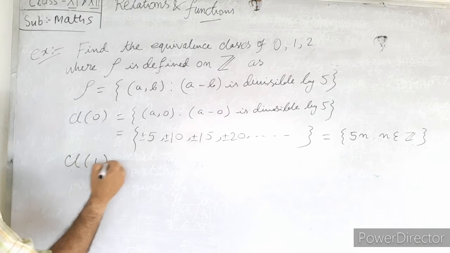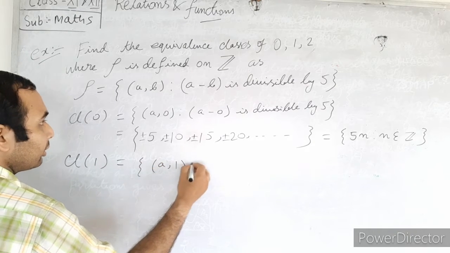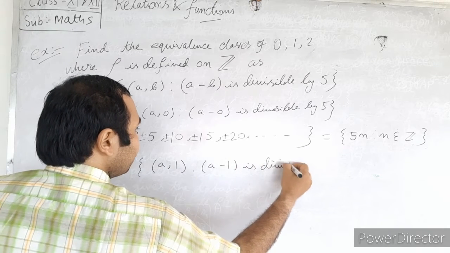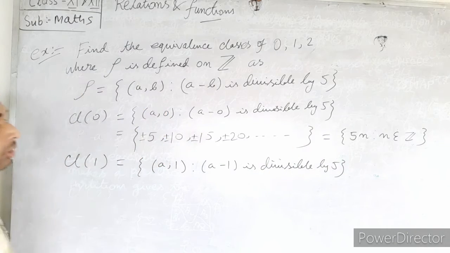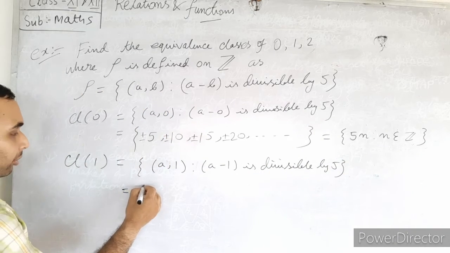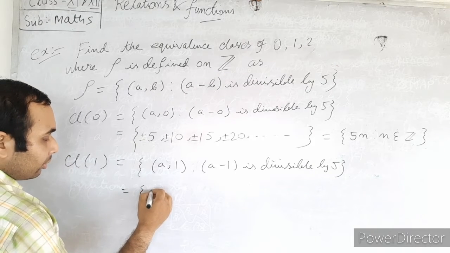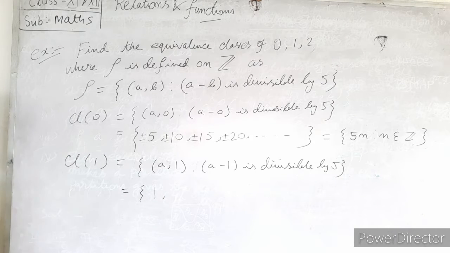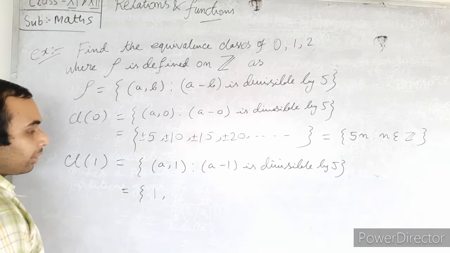Class of 1. That means (a, 1) such that a minus 1 is divisible by 5. So what elements are we getting? 1 will definitely be there, that is 1 minus 1 is 0, and 0 is divisible by 5.